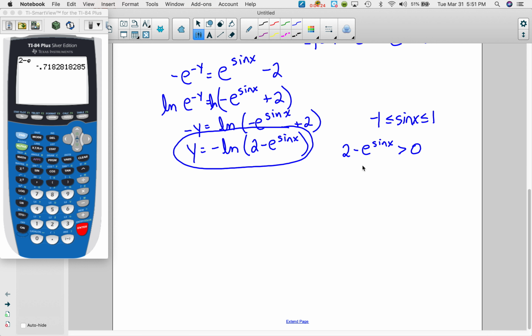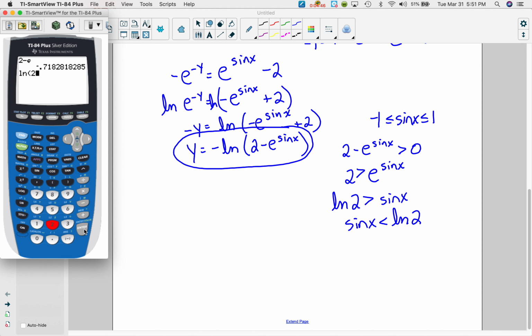Which means that 2 is greater than e to the sine x, which means that ln 2 is greater than, if you natural log both sides, that would cancel out the e, so sine x has to be smaller than ln 2. Remember we said that sine x could go all the way up to 1. Well, not according to this, because if it did, it would be negative.